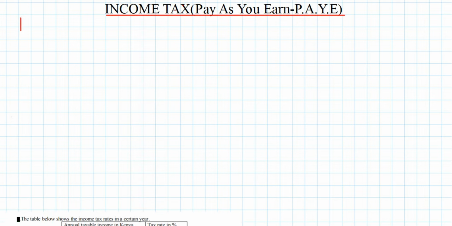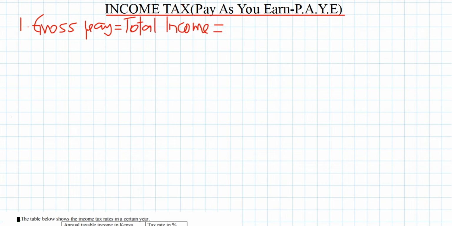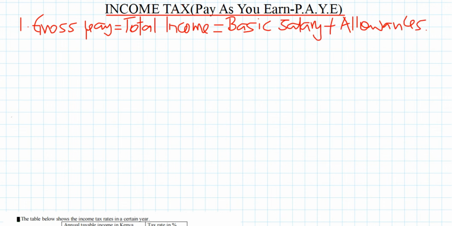In this case, the first terminology that we are going to look at is what we call the gross pay, or the total income. This total income is given by the basic salary, and then we add all the allowances that this particular employee receives.